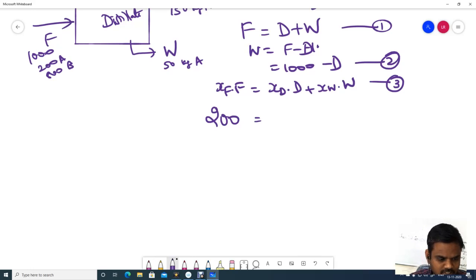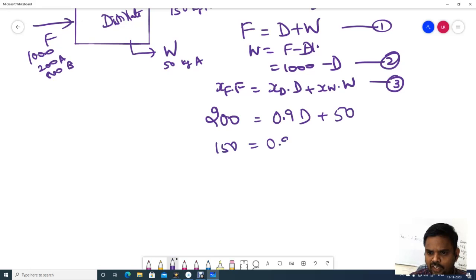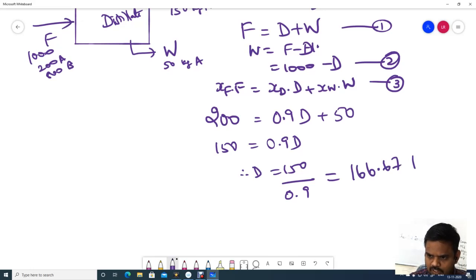Okay, let me say it contains 90% A. So 0.9 into D plus XW into W, the total amount we know. What is the amount present? 50 kg. Okay. So this equal to 150 is equal to 0.9 into D. Therefore D is equal to 150 divided by 0.9. How much? 166.67 kg. So that is the amount of distillate.